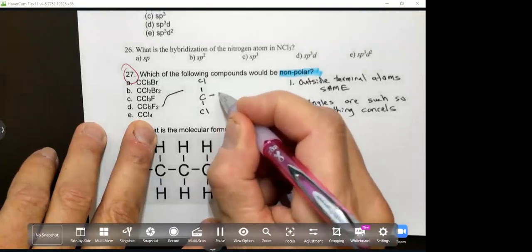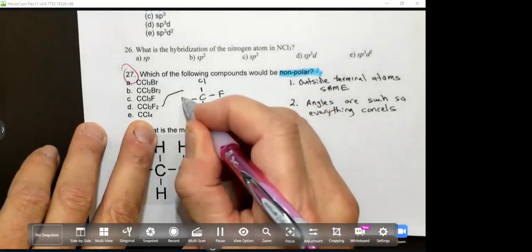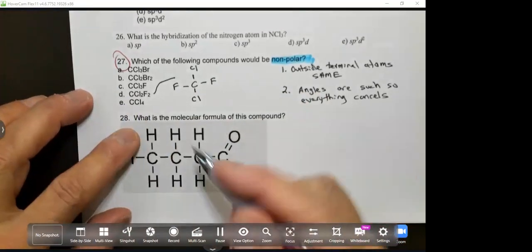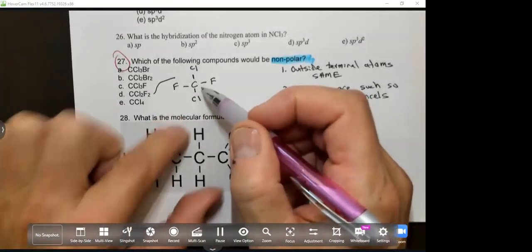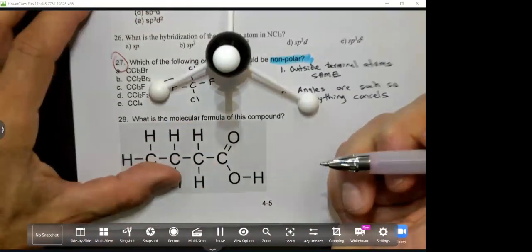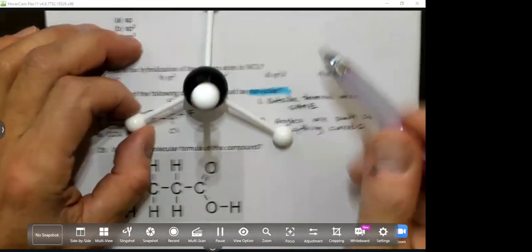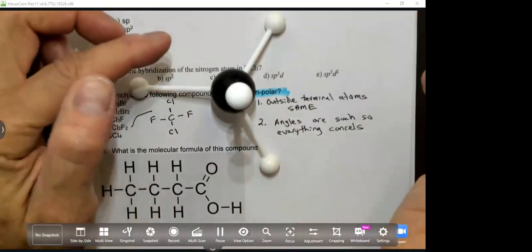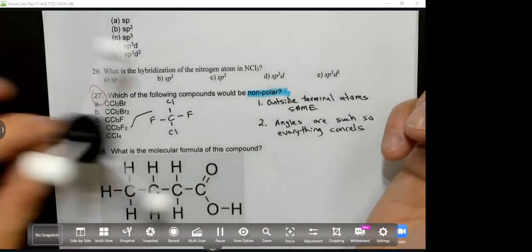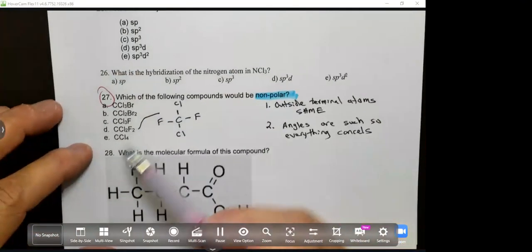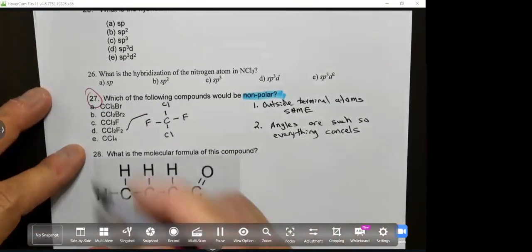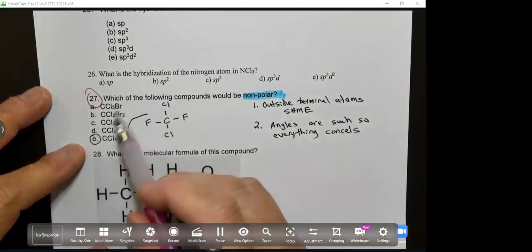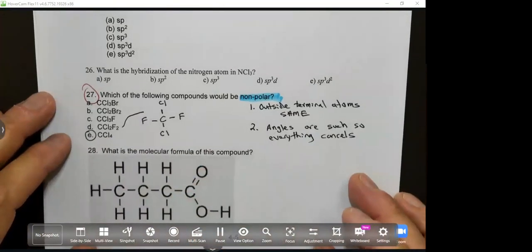And I'm going to put the fluorine over here, so right versus left is going to cancel. That is not the case. That is a two-dimensional drawing representing this three-dimensional structure. There is no way to put two of these across from each other and get them to cancel. So the only one that has the terminal atoms the same is that one, and that's what's going to cancel out. The rest of these cannot cancel out. The terminal atoms are not the same.